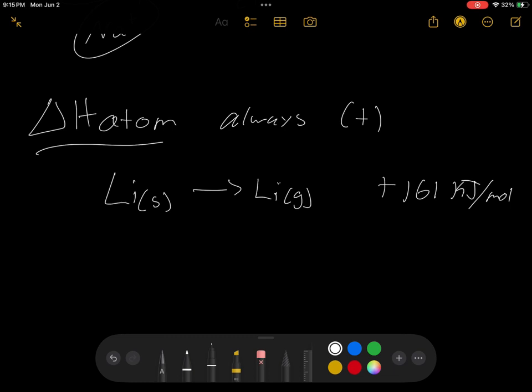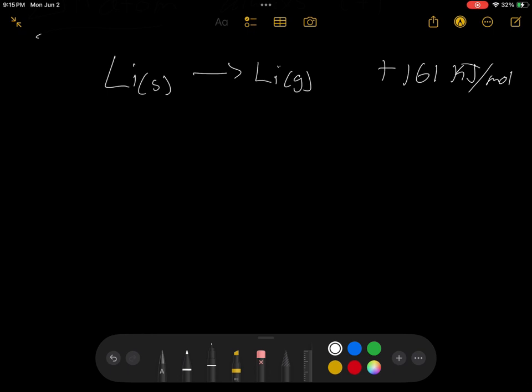So branching off that idea, another energy change that we're going to be looking at is electron affinity. So you may have heard of this from last year. But basically, electron affinity is the opposite of ionization energy.